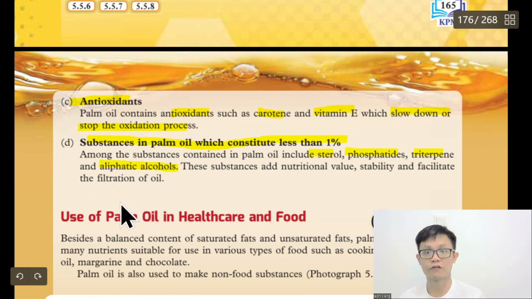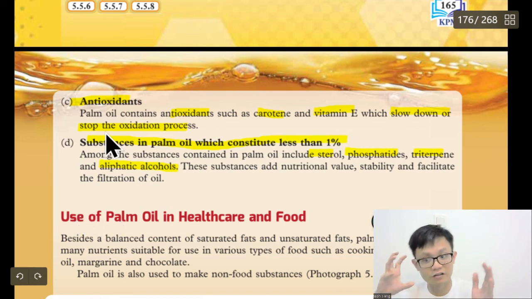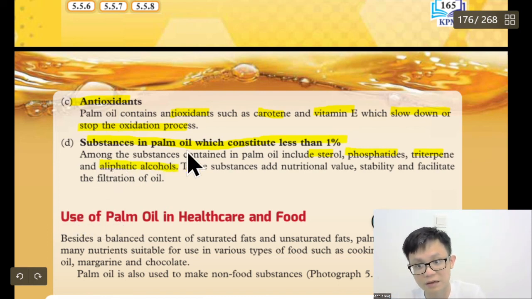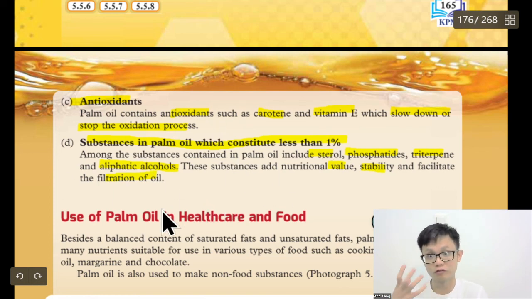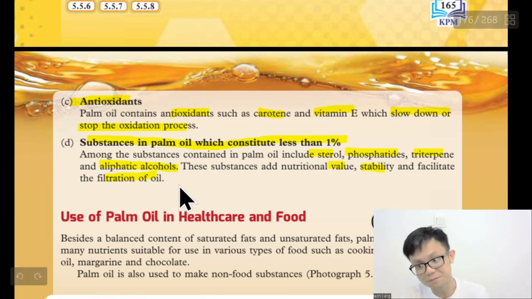It means they add something to the oil, it's not 100% oil, right? Means there is a very little amount of this, so it can add more value, stability, and filtration of the oil. Okay, I don't think the exam is asking this, but it's good to understand. Means not 100% oil, 1% is other things.